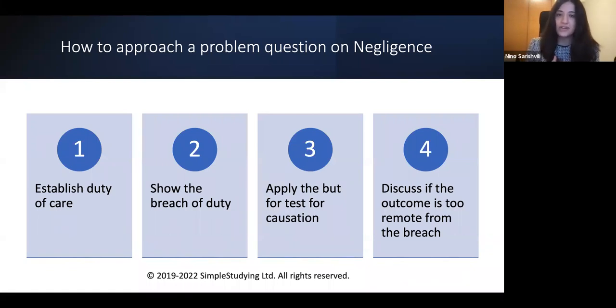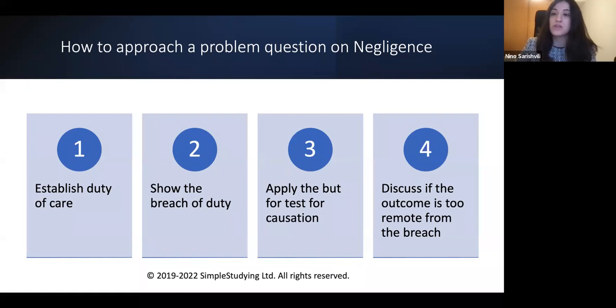First of all, you need to establish a duty of care. Then you need to show the breach of duty. You should show that the conduct by the defendant fell below the standard of care, apply the standard of care test, and finally you need to apply the test for causation, factual and legal causation, and discuss if the outcome is too remote from the breach.